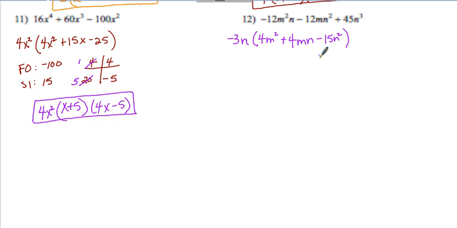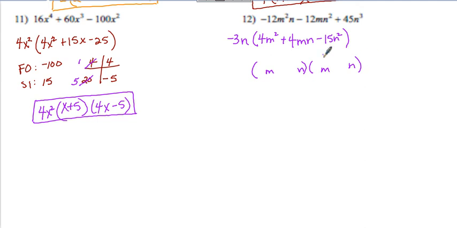This one it may not help to use foci. You might be doing the guess and check method, because you need to build factors that have n's over here and m's in the beginning, right? So you may need to do guess and check for this one.